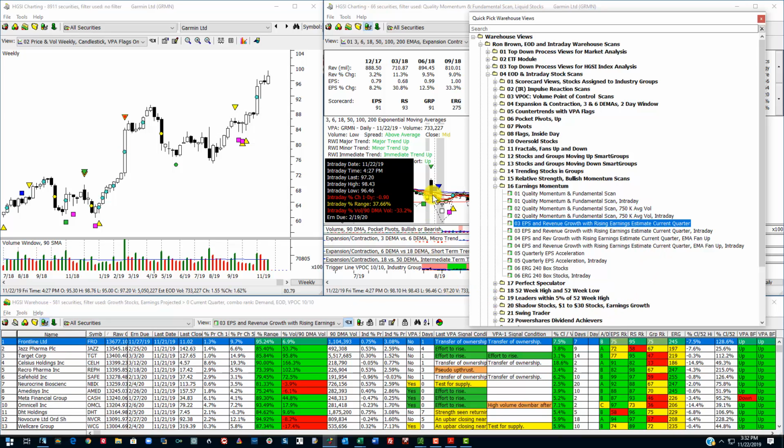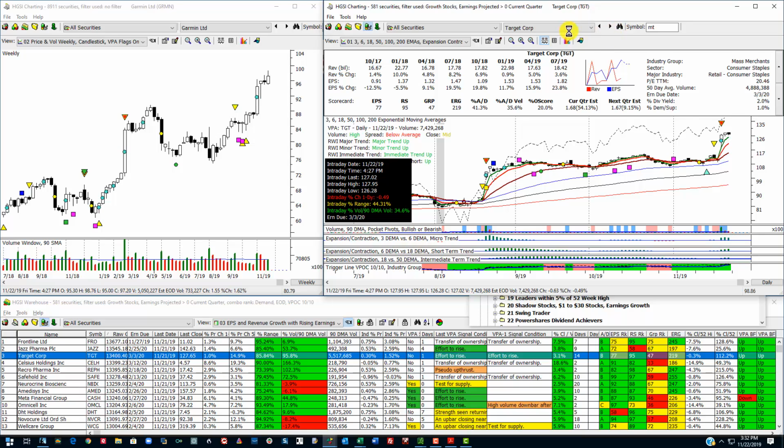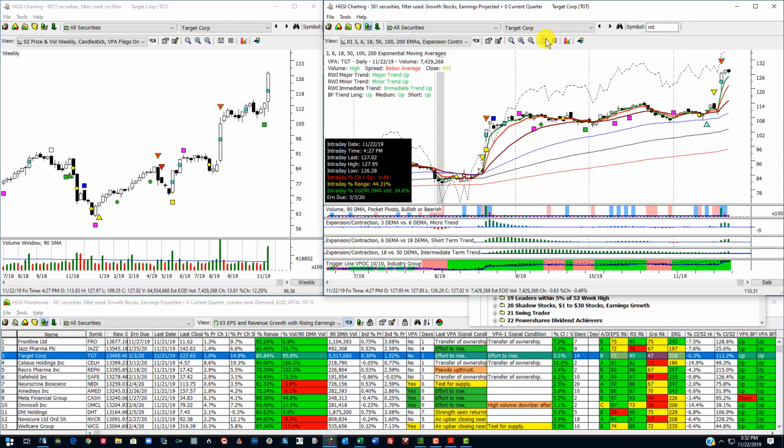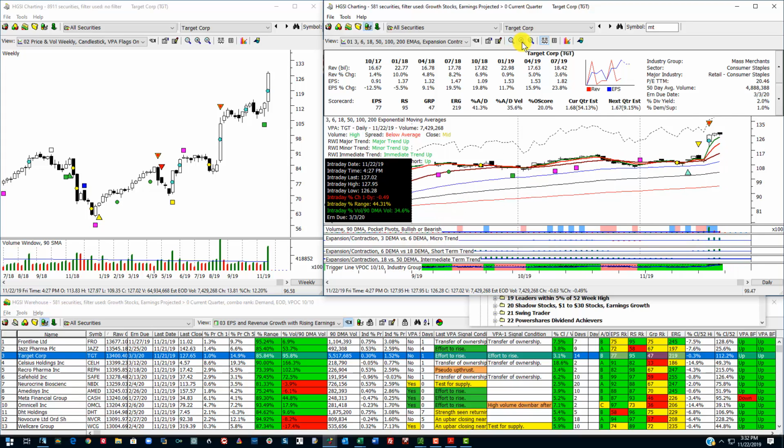Okay, the next one is EPS and revenue growth with rising earnings estimate for the current quarter. So I'll bring Target up. Target's been a great stock. Recently, they just had really good earnings. They're not in the database till Tuesday, but you can see the viable gap up.